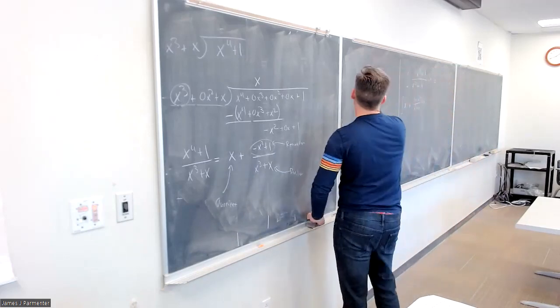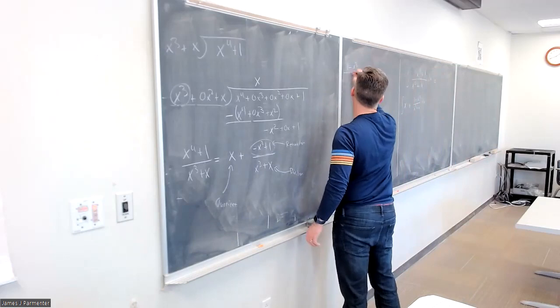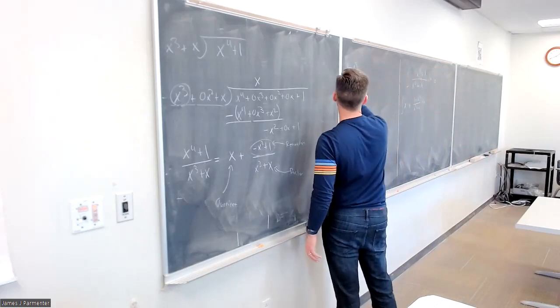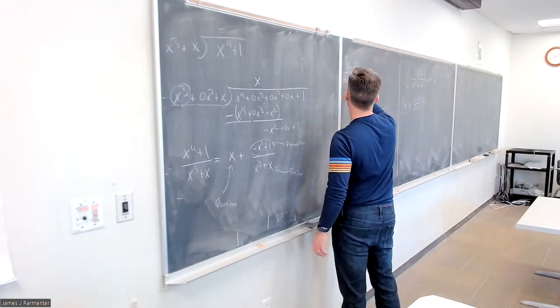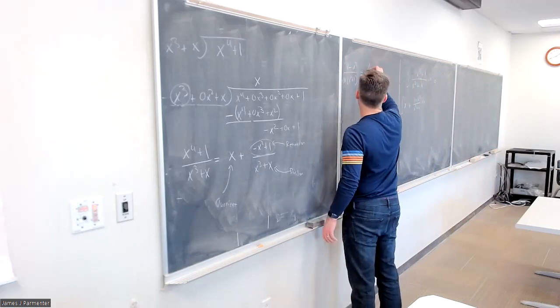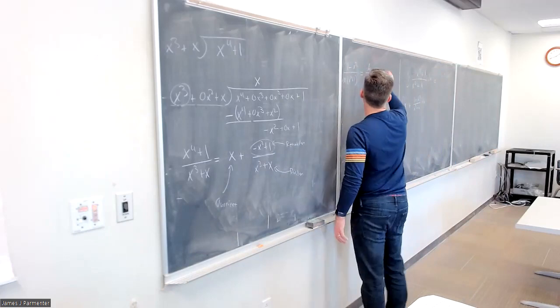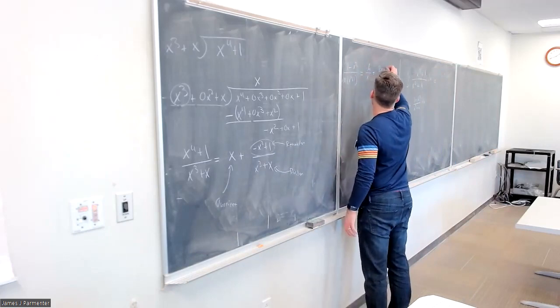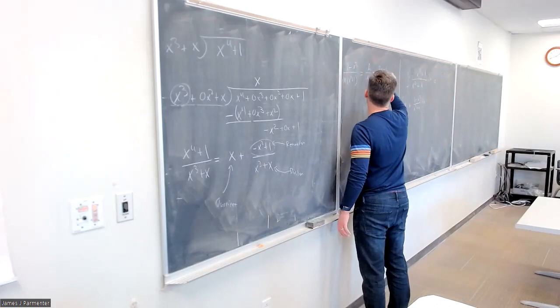I've got 1 minus x squared over, that does factor, not very nicely, x times (x squared plus 1). So I'm going to write that as A over x plus (Bx plus C) over (x squared plus 1).